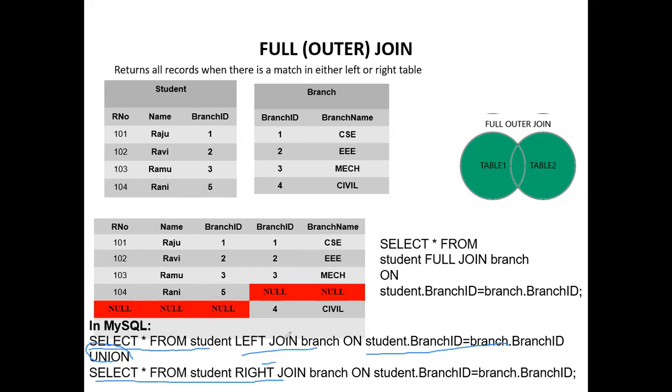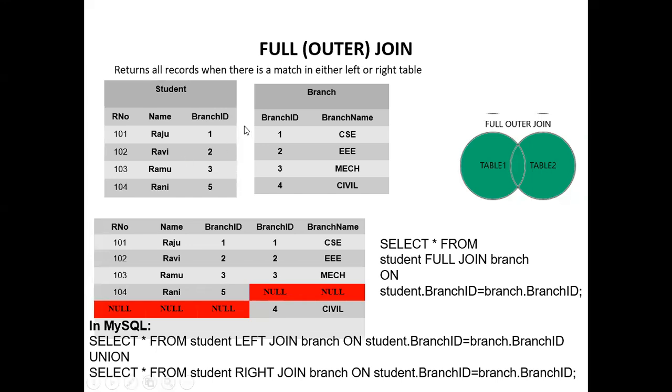This is the statement you need to execute in MySQL. Generally in other software we may be using select all from student full join, but this full join is not there in MySQL. So we combine the left join table and the right join table with the union operation in MySQL.